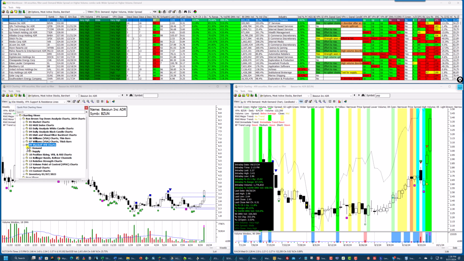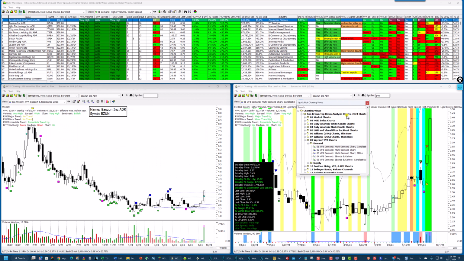I'm in the Wyckoff VFB charts, and I'm in demand number 1. This is the end of day, and I have a weekly chart here with support and resistance lines on it. And then over here I have my number 1 demand chart.